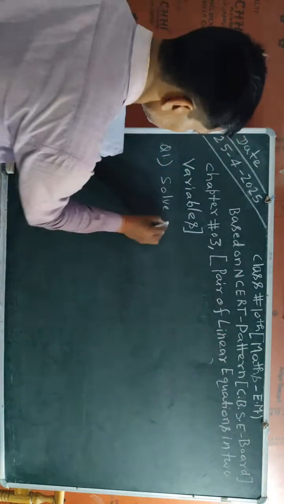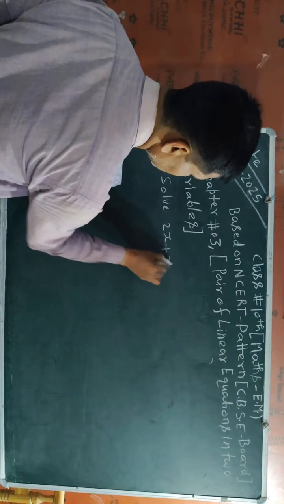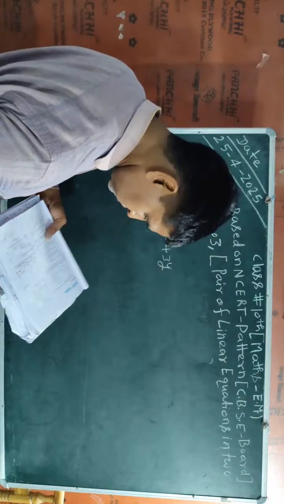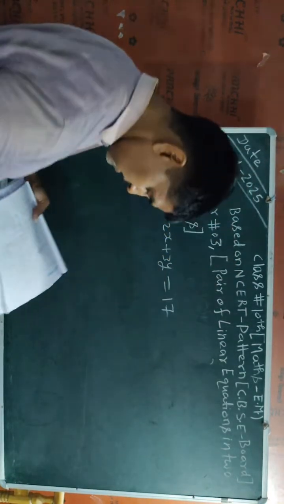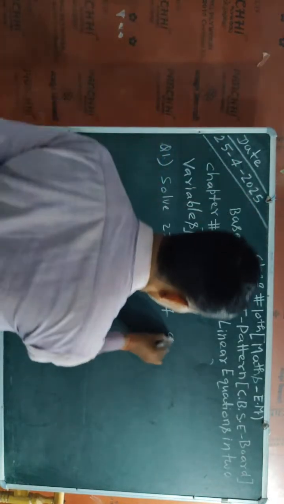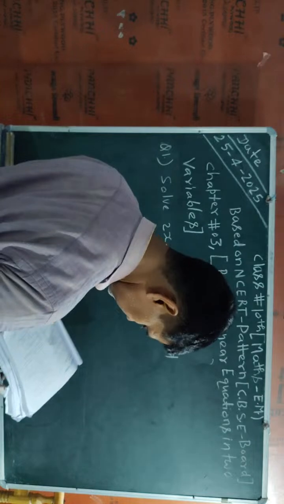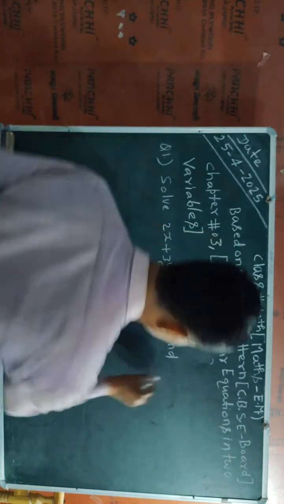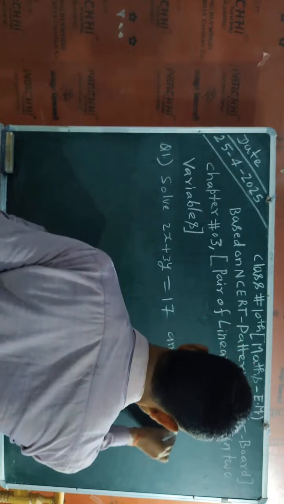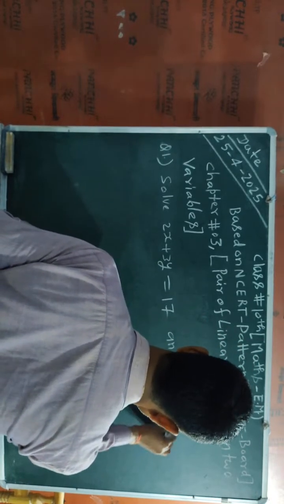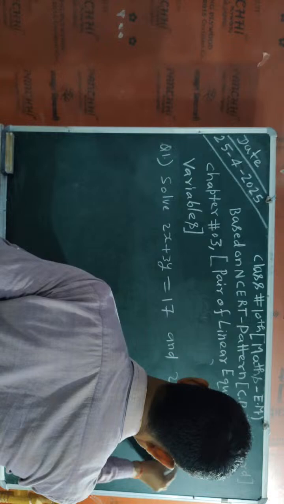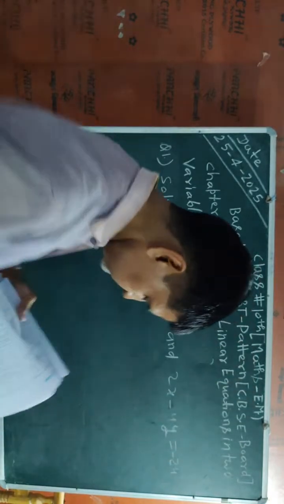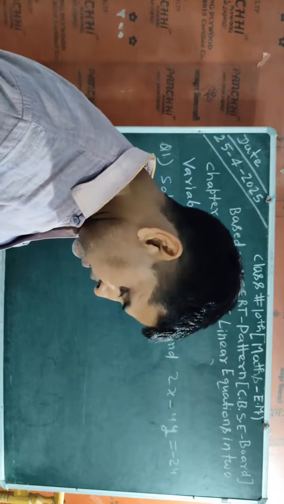2x plus 3y is equal to 17 and 2x minus 4y is equal to minus 24.